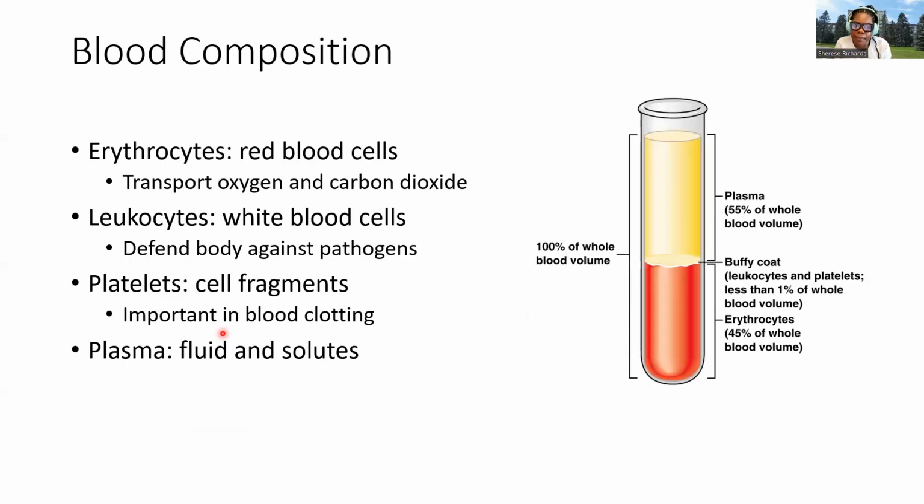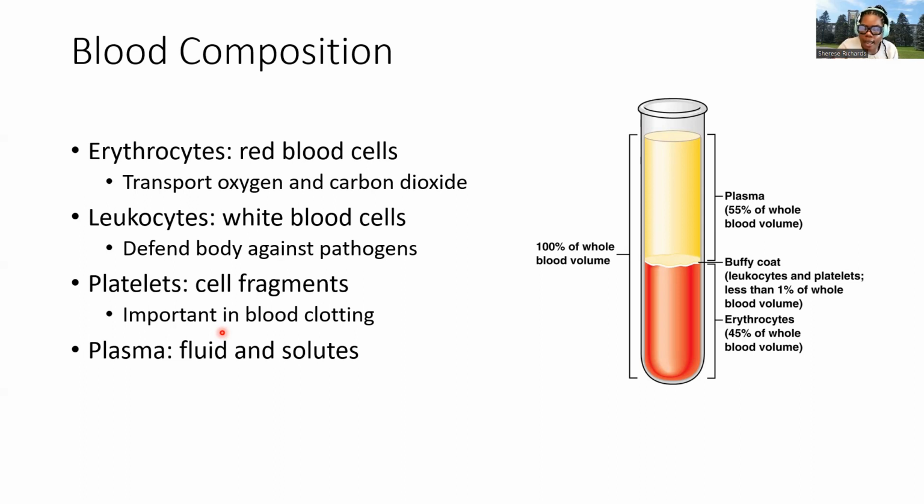Okay, let's think about the actual blood, the composition of the blood that is circulating in the vessels. So we've got erythrocytes, which are the main composition of blood. If you were to take blood and spin it very quickly in a centrifuge machine, you would separate it by its volume, by its liquid component and its cellular components.